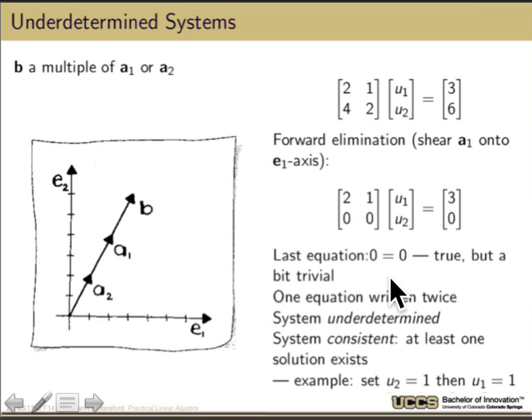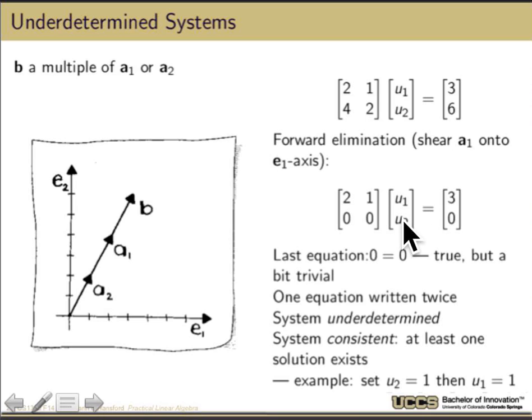It's sort of trivial. So this is really one equation in 2 unknowns. And one equation in 2 unknowns is underdetermined, and it has at least one solution. I can put any value I want in for U2, and there'll always be a value of U1 that works. So there's infinitely many solutions, actually, not just one.